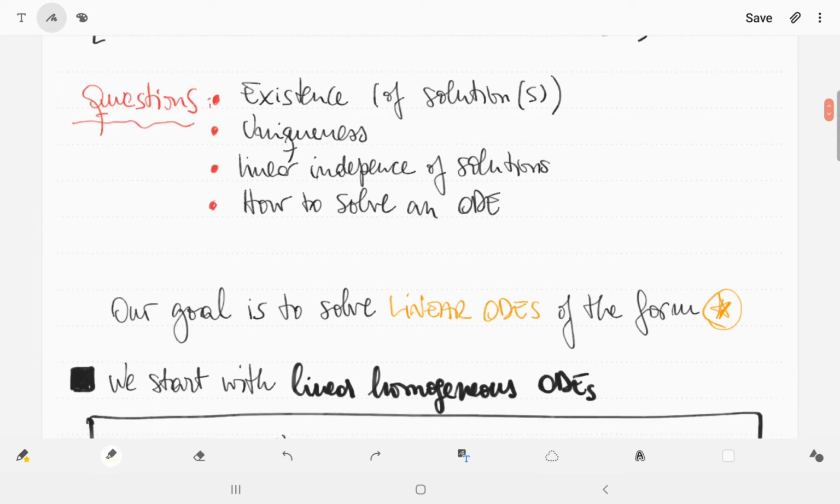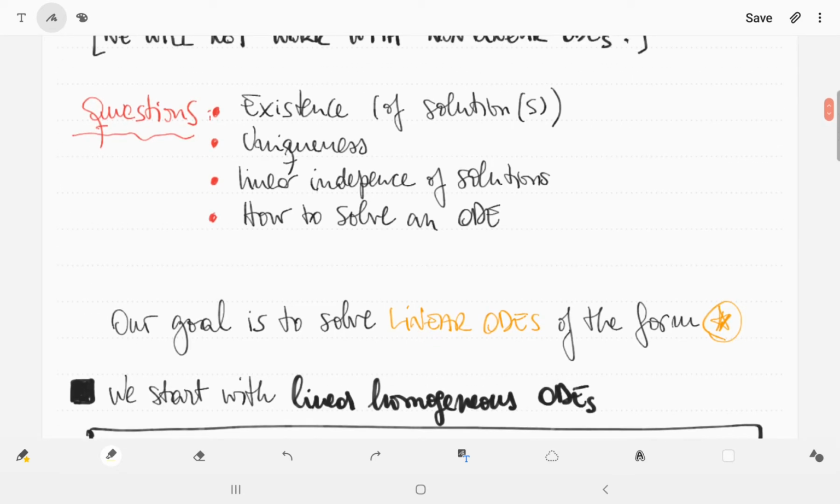So some basic questions that we may address during the course are: I see an ordinary differential equation, and I wonder if I can find solutions. So existence of solutions is something that we want to learn about. Then imagine that I find one solution of the equation. Is this solution unique? So uniqueness will also be something that we sometimes want to check.